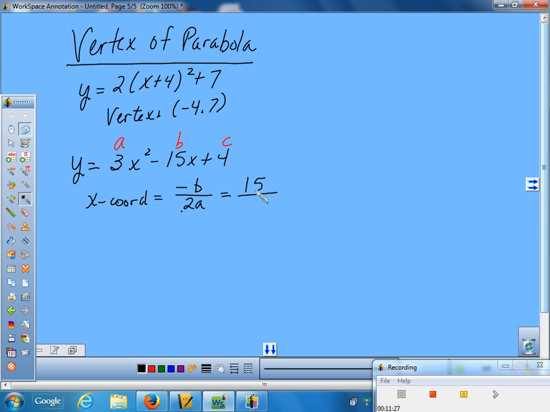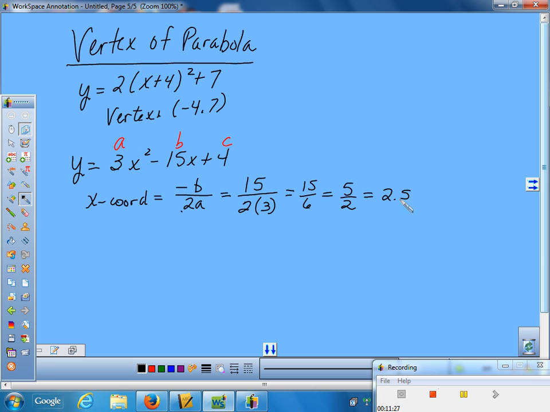It would be positive 15 over 2 times 3, which is 6. I'm going to get 15 over 6, which reduces down to 5 halves, or in this one you can do 2.5 since it divides evenly. You want 5 halves or 2.5? I can live with a decimal if it's exact.